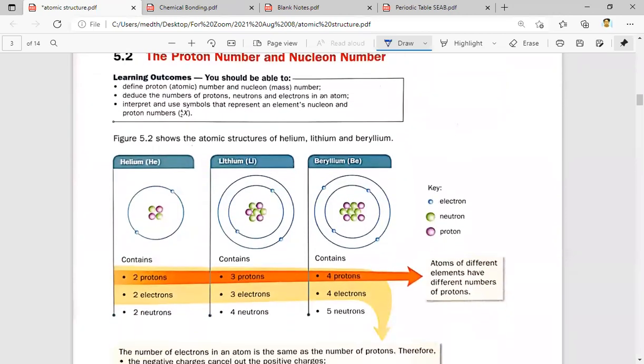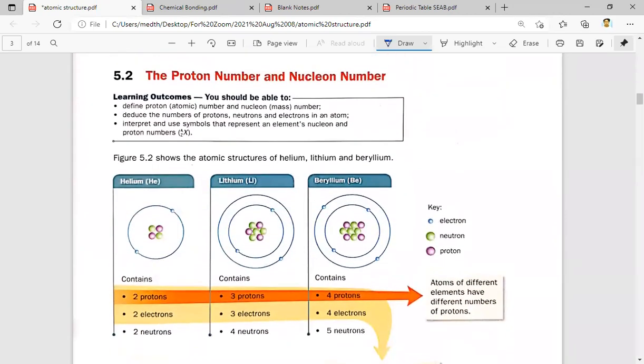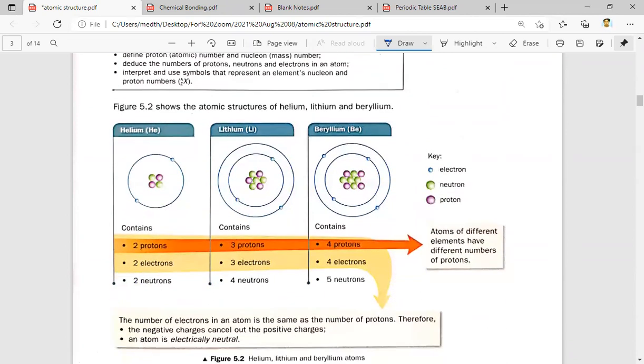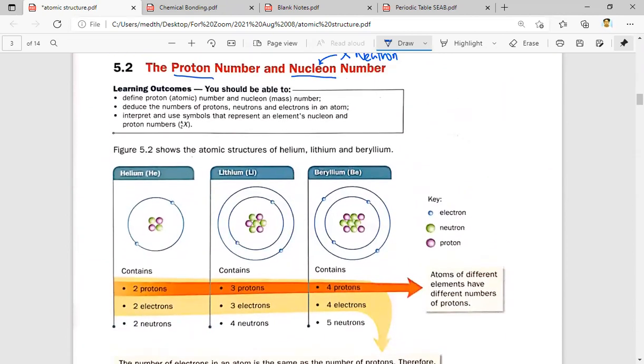Next, we're going to go on into the proton and the nucleon numbers. Now, take note, this is not neutron number. This is actually a nucleon number. We're going to go a little bit into details here. In this next whole part, we're going to look at what is the proton number, the nucleon number. After that, we're going to learn how to determine the P, the E, and the N of an atom.